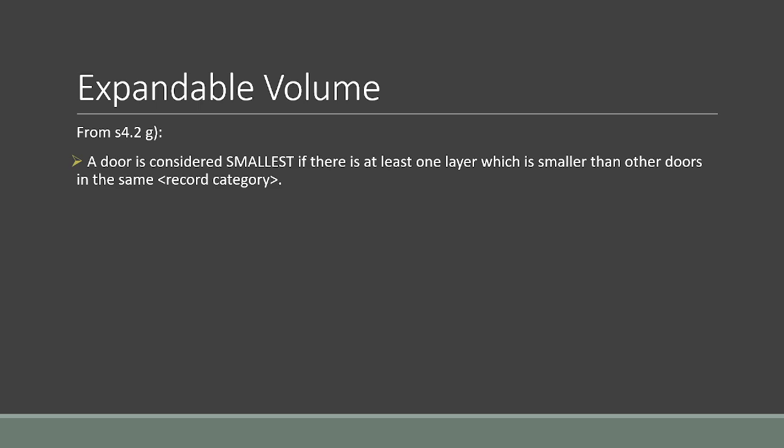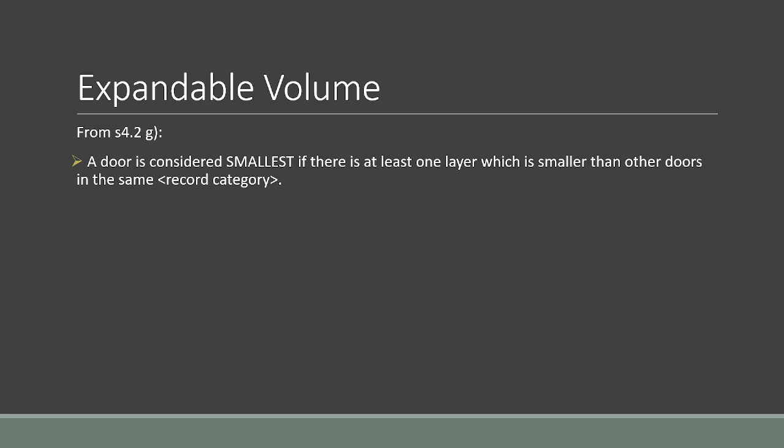A door is considered smallest if there is at least one layer which is smaller than other doors in the same record category. So notice the term at least one layer. So this also means that the same category of expandable doors can have multiple doors that holds the record, but they of course have to hold the record at different domains.